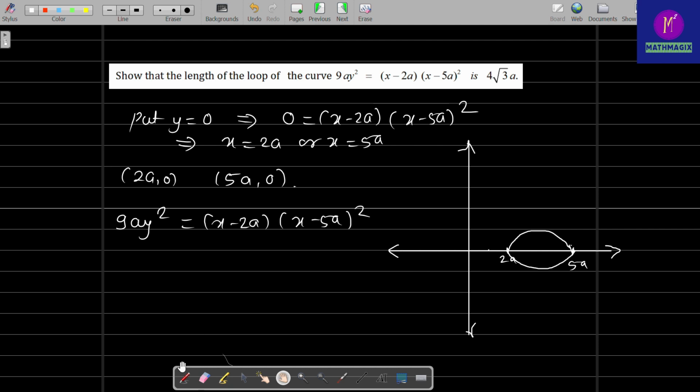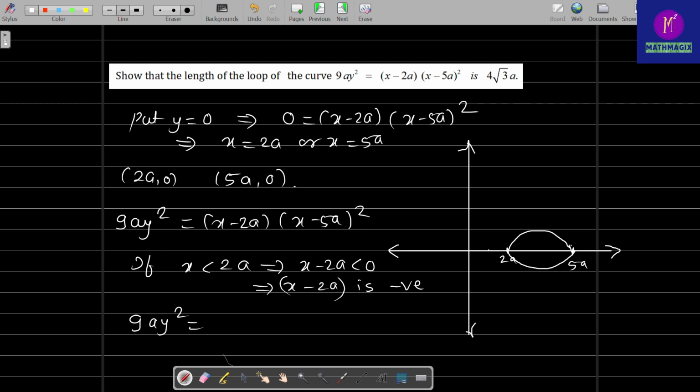If I consider any number less than 2a, that implies x minus 2a is less than 0. Less than 0 means that number is negative. So if x minus 2a is a negative number, then let us see what will happen with the equation. I have 9ay square. In that, x minus 2a is a negative term. (x minus 5a) the whole square is a square term. So either x minus 5a is a positive number or a negative number, as I am taking a square of this, it always turns out to be positive.